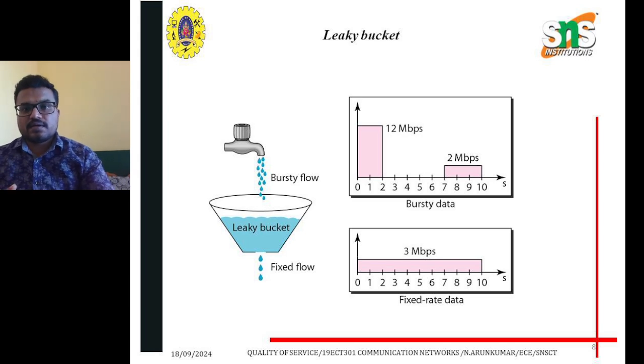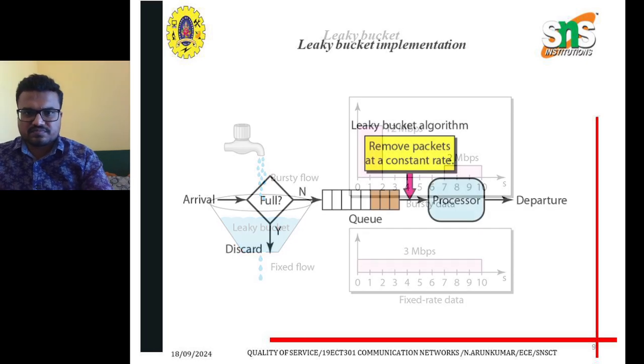Sometimes it may be received at 12 Mbps, and if we close the data, then automatically it slows down the rate so that it gets 2 Mbps at the same time. Sometimes if the flow is constant, it stops at 3 Mbps. Like that, we can get the data based on the number of sources forwarding the information.